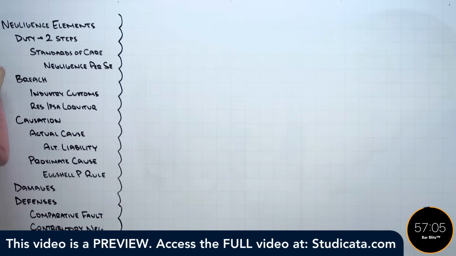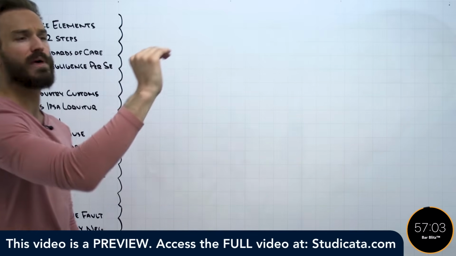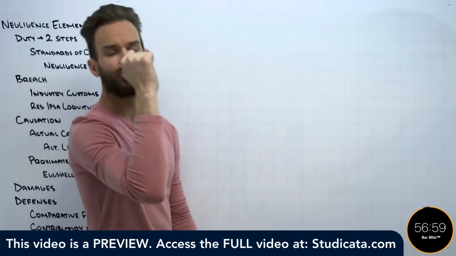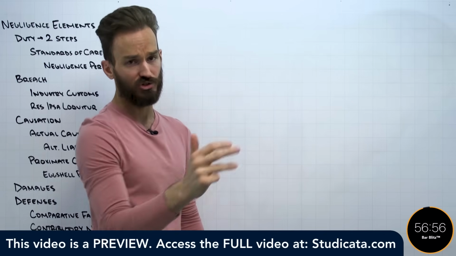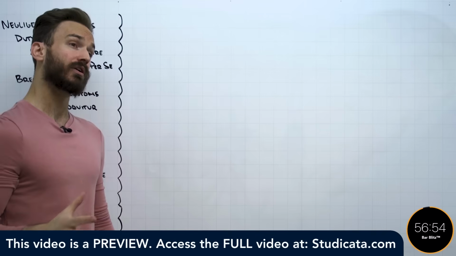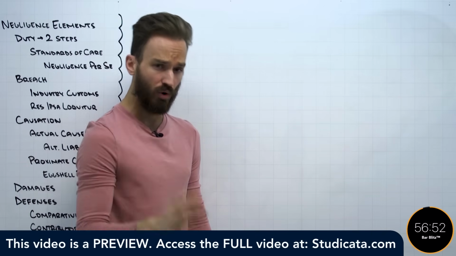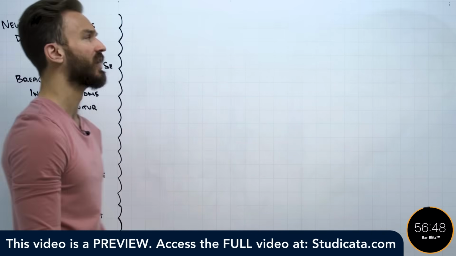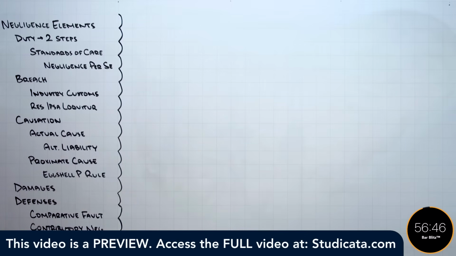But we can just jump right into this. We're going to break it down element by element. Remember, the easy way to remember this in your head is just duty, breach, causation, damages. Anytime you're asking whether the plaintiff can hold the defendant liable for negligence, you want to quickly think duty, breach, causation, damages. So we can start with duty.